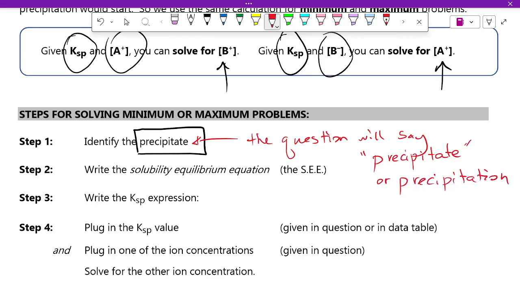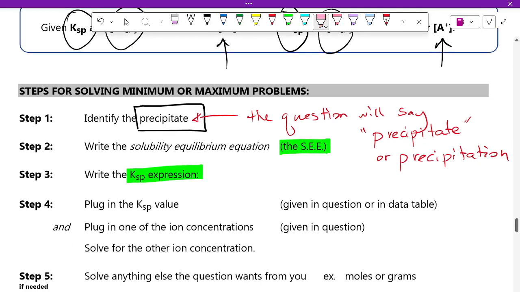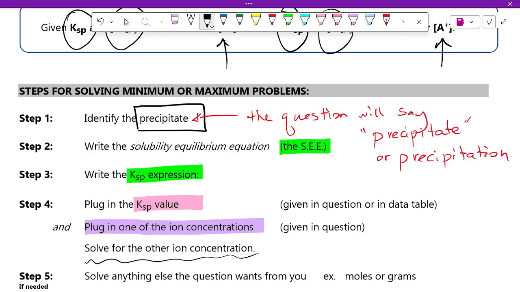And just like every other type of calculation question we have done to this point, you will write the equation and write the KSP. In this particular case, you will plug in KSP. You will plug in one of the ion concentrations, and then you just solve for the other ion concentration.